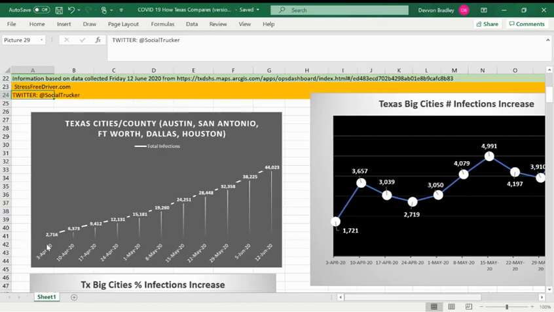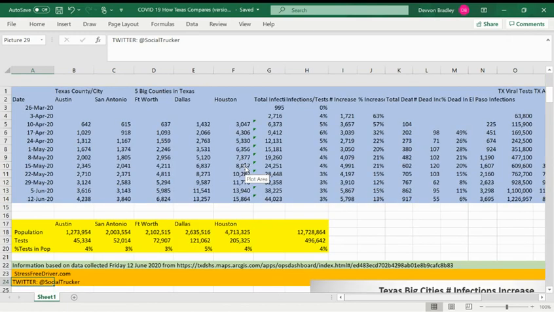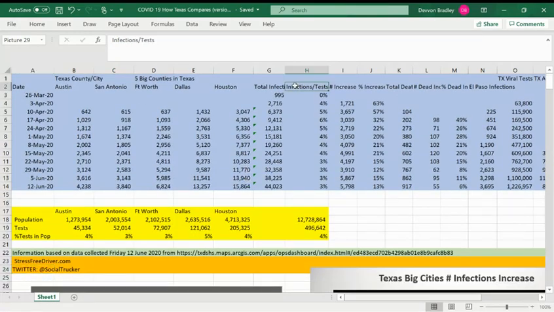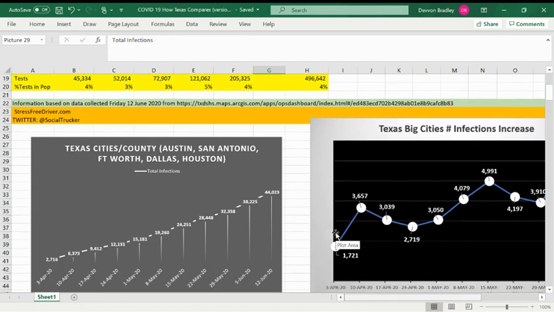But if we look at this chart, like I was saying before, with the raw data, as I was going through total infections. So this is that first chart, total infections right here. We go from 2,700 to 4,400 confirmed infections through Friday the 12th of June.